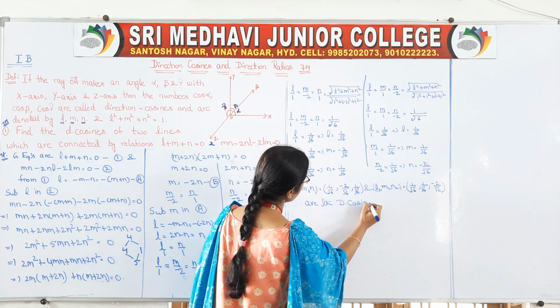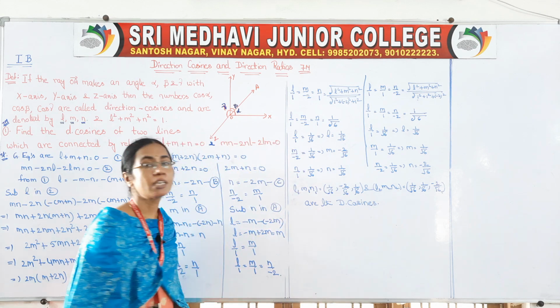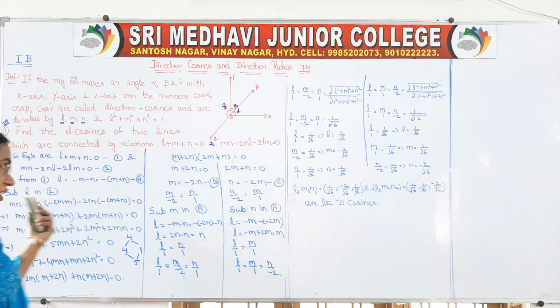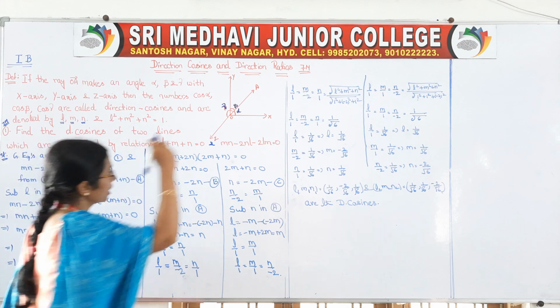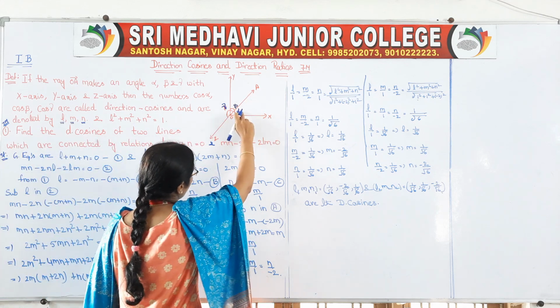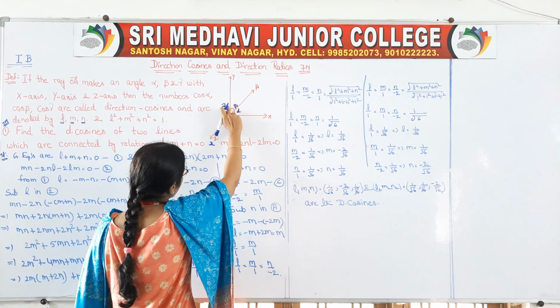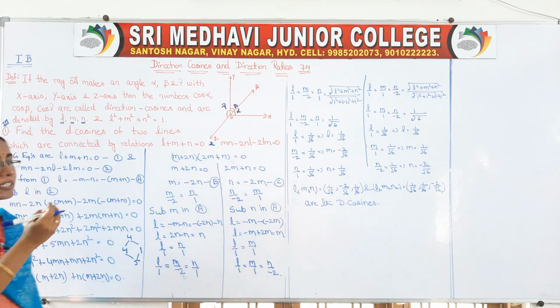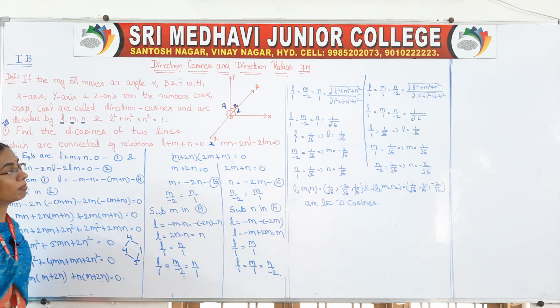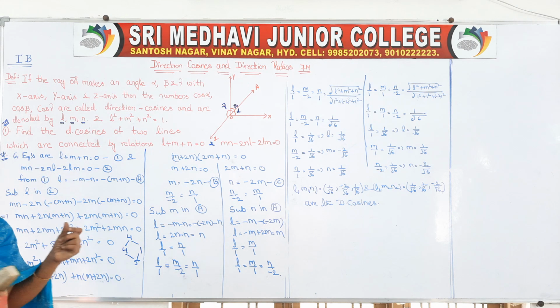Okay, the question is to find the direction cosines from these two equations. Once again, this is a new topic for you, direction cosines and direction ratios, a 7 marks topic. If the ray OA makes angles alpha, beta, gamma with the x axis, y axis and z axis, then cos alpha, cos beta, cos gamma are called the direction cosines of that line OA.